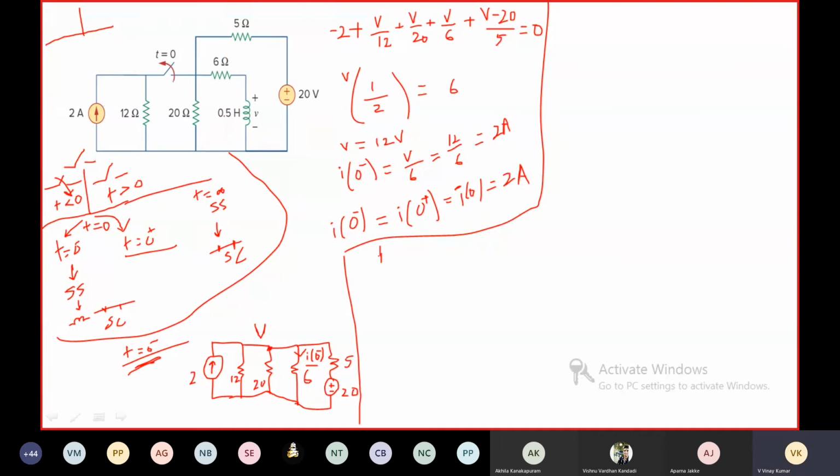For t greater than 0, what will be the circuit? Okay, the circuit will be like this.